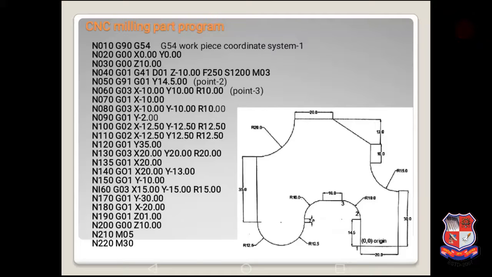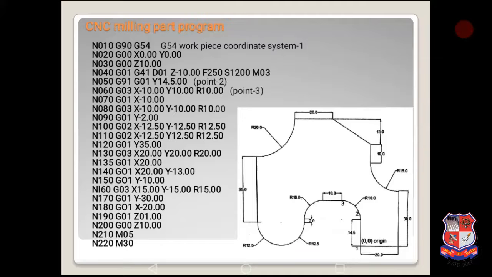Once again, I want to repeat, there is no thumb rule to use the absolute mode or incremental mode, but the programmer can use G90 or G91 mode, because the starting point is specified and the origin is also specified.